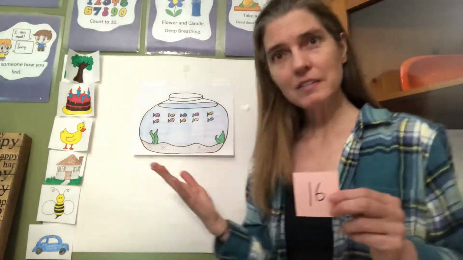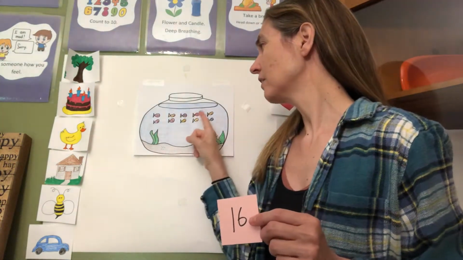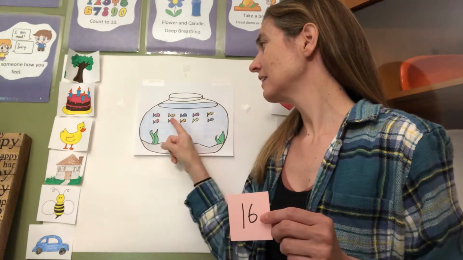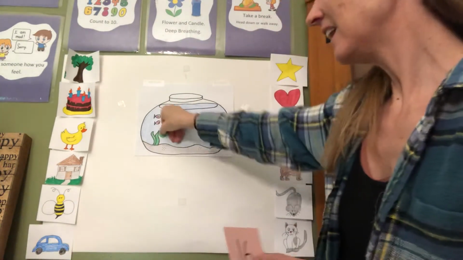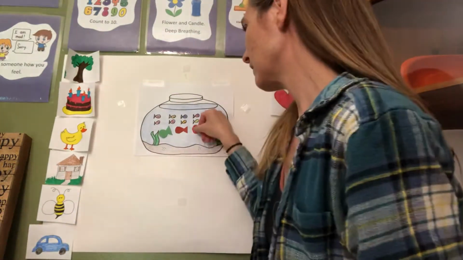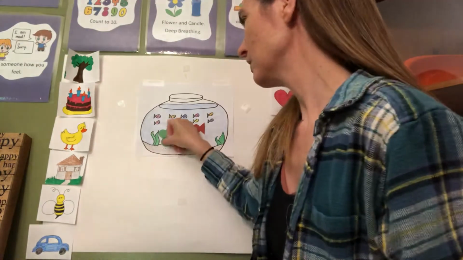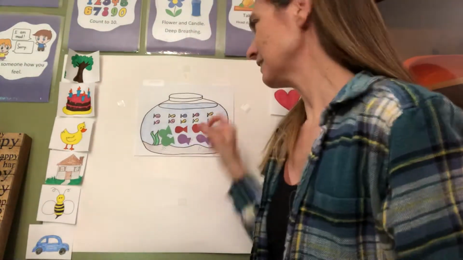One way is I can just count it, and that's what we're going to do to begin with. 1, 2, 3, 4, 5, 6, 7, 8, 9, 10, 11, 12, 13, 14, 15, 16.